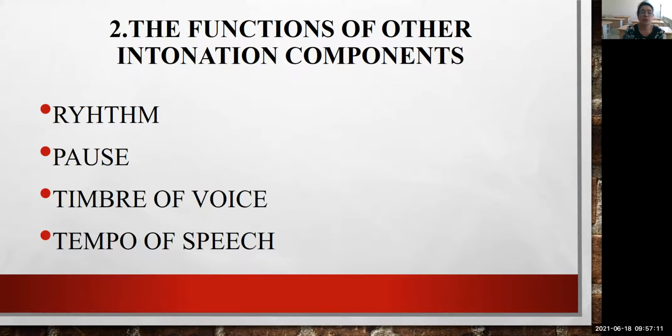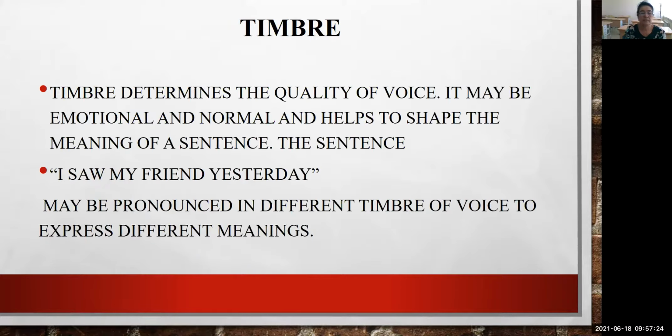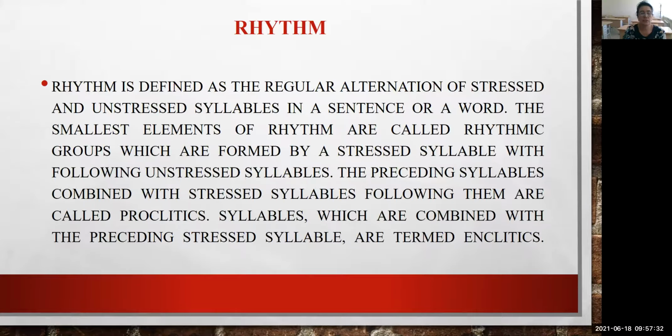You should know what is rhythm, pause, timbre of voice, tempo of speech. You should know all these components of intonation, their definitions, and why we should use them. Then you should know what is timbre, its definition, and why we should use timbre. Then you should also know the rhythm, its definition, and why we should use rhythm.